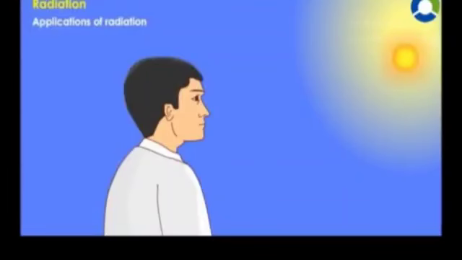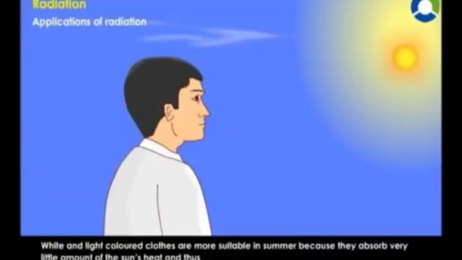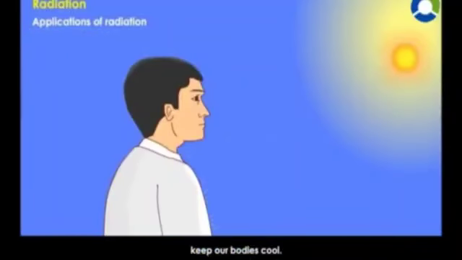Applications of radiation. Some important applications of radiation in our daily life are given here. White and light-colored clothes are more suitable in summer because they absorb very little of the sun's heat and thus keep our bodies cool.